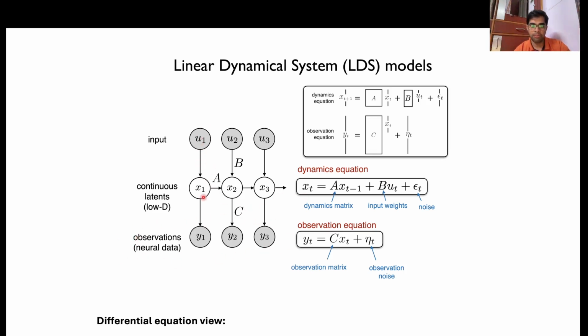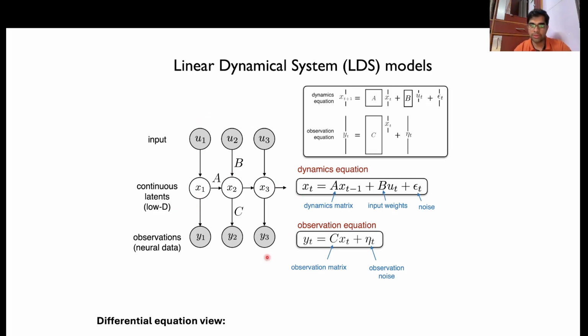So input and some internal dynamics result in the observation data, and time progresses along the horizontal axis. As time progresses, how the latents change, how the inputs change, what you are recording, these are all related. Now we have access only to this and the inputs, but we are interested in how the latents change, and these latents are usually low dimensional and simple.